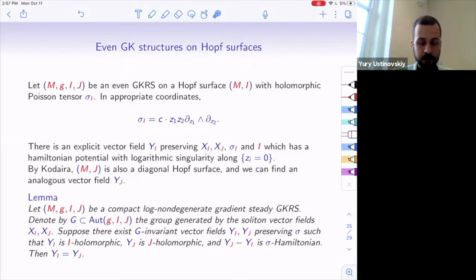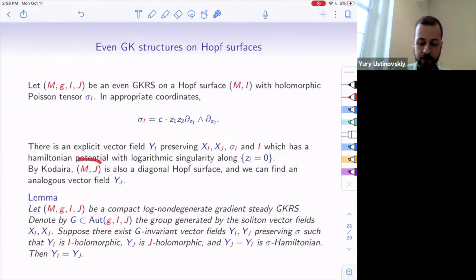With this knowledge, you can find an explicit vector field which preserves or commutes with xi and xj, which preserves this Poisson tensor, and which doesn't have a global Hamiltonian potential, but it has a Hamiltonian potential with logarithmic singularities along the loci where zi equals 0. So it will be smooth everywhere except for these loci, and along these loci it will have a logarithmic singularity.